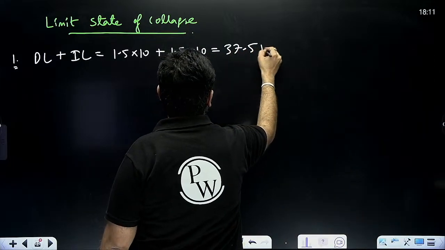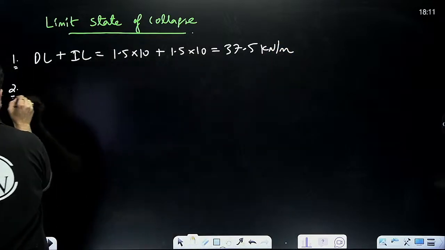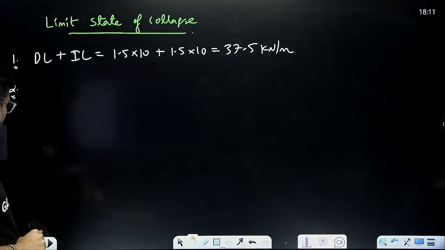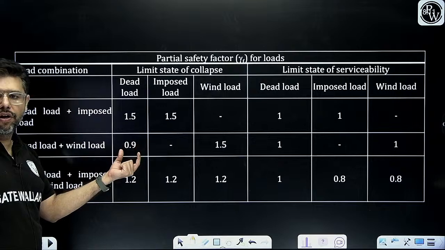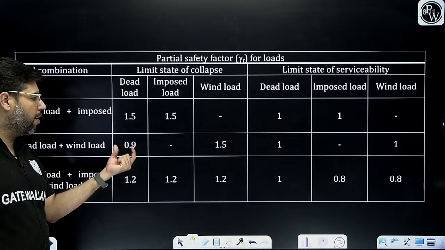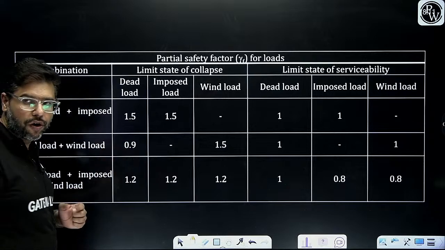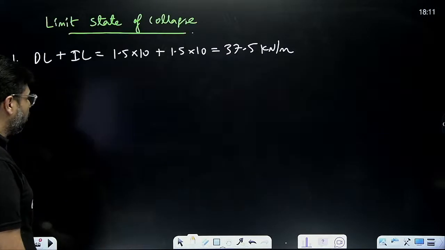Like this only you will do. Then the next load combination you will take. We have wind load also here. So dead load plus wind load. Here the dead load is giving us stability, so the partial safety factor given in the question was 0.9. These partial safety factors will be given in the question. Don't worry, you don't have to remember all these.